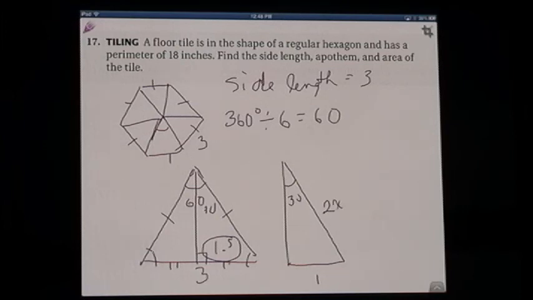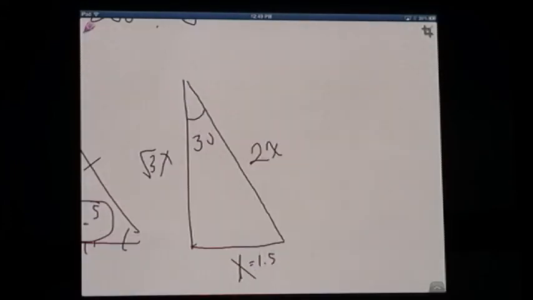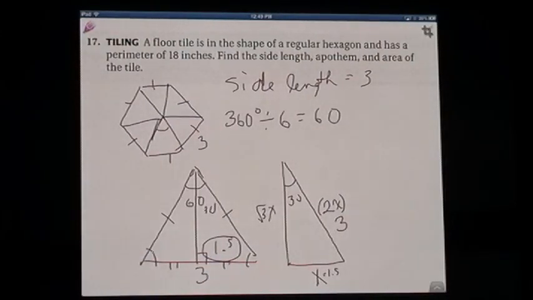This is the x side, and the 2x, and then the root 3 times x. Since x is equal to 1.5, then 2 times 1.5 gives us 3 over here. But we don't really need that. Then we're going to find the apothem, which is root 3 times 1.5.